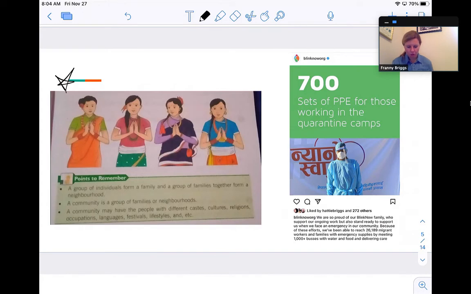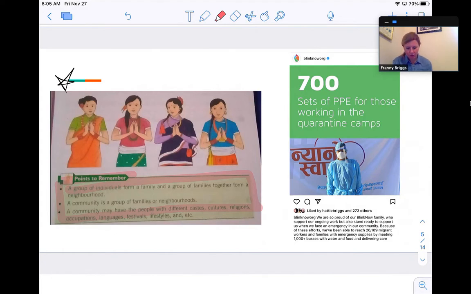And what we're looking at is they're learning about different cultures. But then after the long section of the chapter, they did this "points to remember." And so what they did was they said, okay, here's the most important part of the text that you just read, and here is a summary in 3 points of what the most important information is.